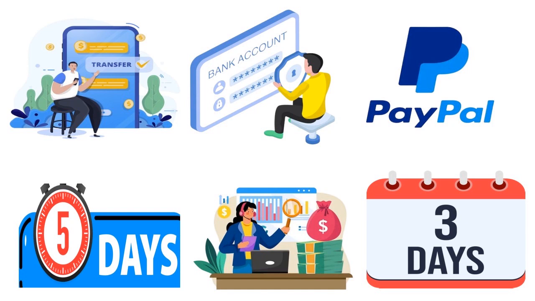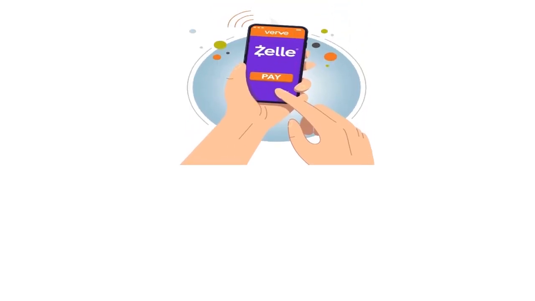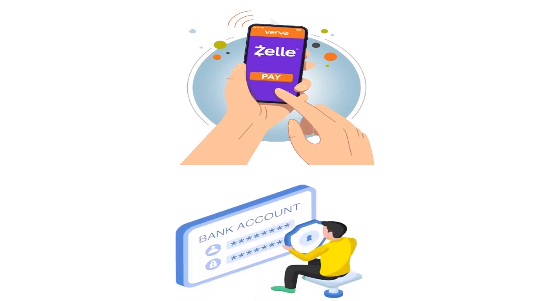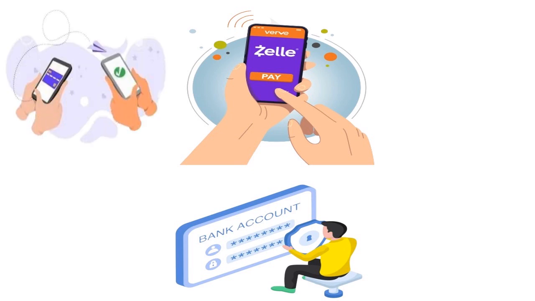Also, please don't confuse PayPal, Venmo, and Cash App with Zelle. Zelle is a service that allows you to make transfers between banks. It has to be bank accounts, and the banks have to be enrolled in the Zelle network. Then you'll be able to send money to someone in the Zelle network.